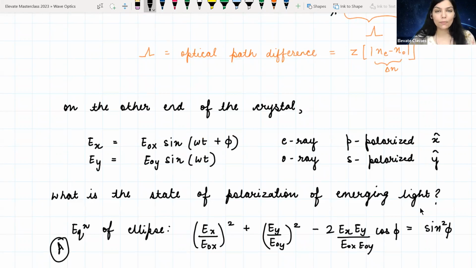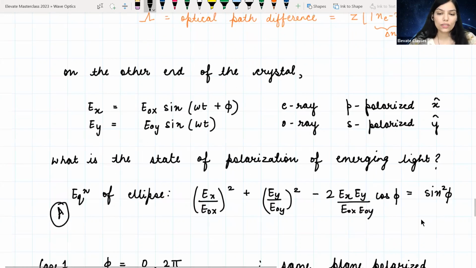Basically, whatever the material is, an electric field falls on it, then some polarization is generated inside the material, and then an electric displacement vector comes into the picture, and then you study the orientation of that, and from there you study the E ray and O ray, how they come about. So that is a completely vast theory.